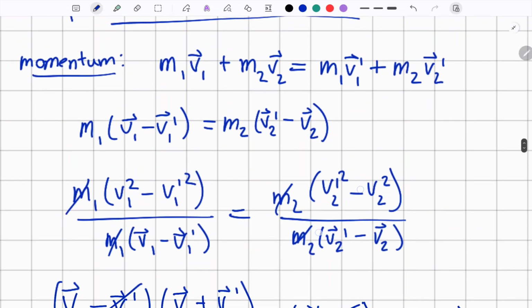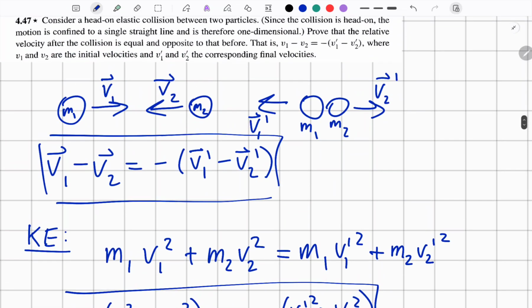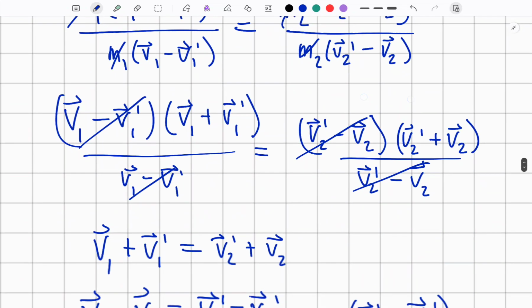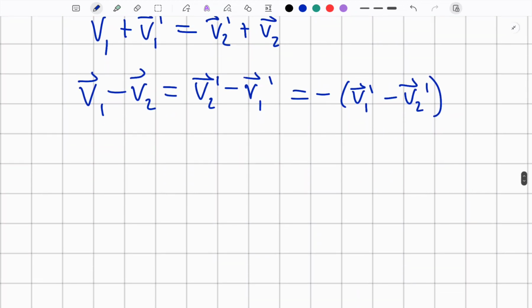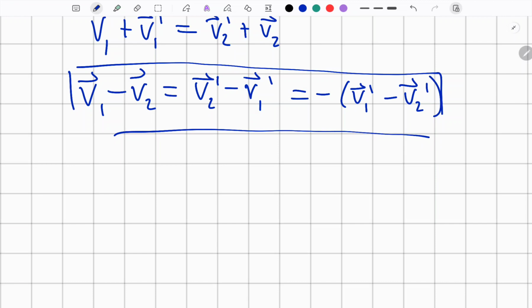This is exactly what they wanted us to show at the beginning. We wanted to show that V1 minus V2 is equal to negative (V1 prime minus V2 prime), where V1 and V2 are the initial velocities and V1 prime and V2 prime are the corresponding final velocities. Because it is the negative of those, we show that the reaction is exactly equal and opposite.